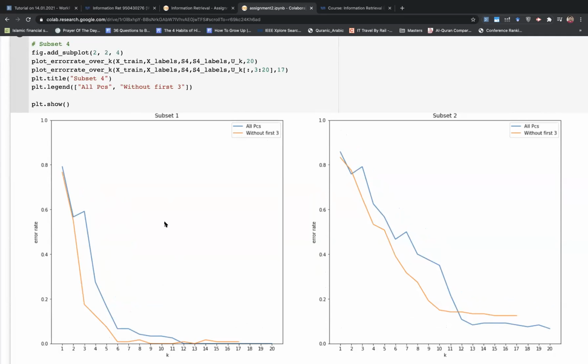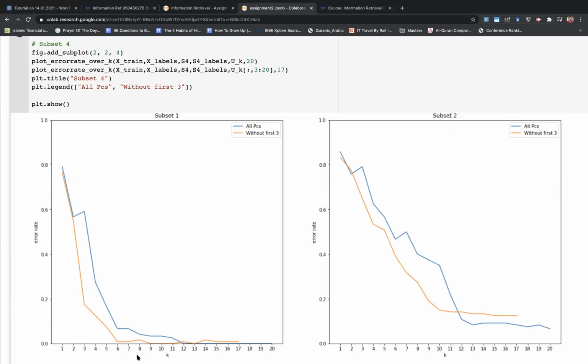But for the orange line without the first three, the error rate decreases sharply. If k is equal to 3, then we are around 0.18, while with all principal components we are around 0.6. So this is for subset 1, and then we see a similar behavior for subset 2.